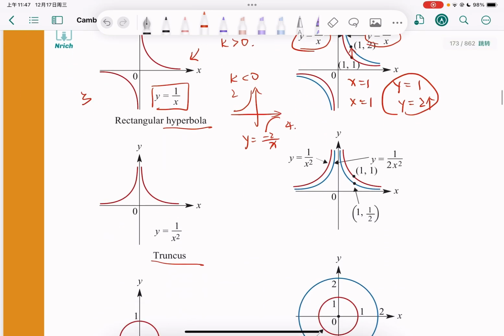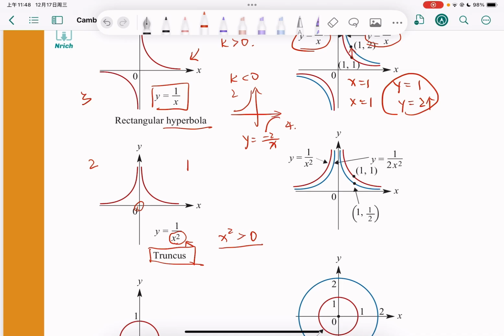And what about truncus? Truncus is like hyperbola, but it appears in the first and second quadrant. It has the form with x squared like this. Everything with a square is greater than or equal to 0, but in this case it cannot be 0, so x squared is greater than 0.